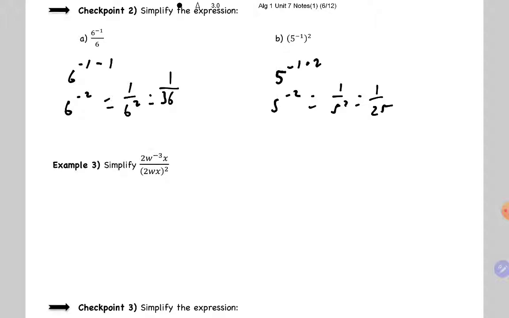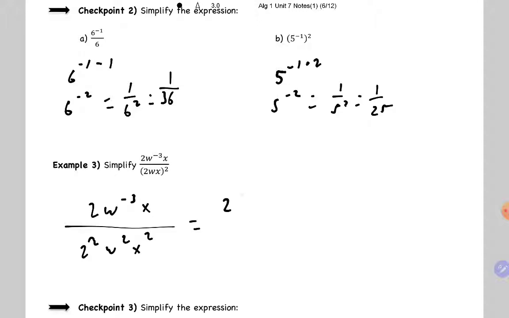Okay, 2w to the negative 3 times x over... I'm going to go ahead and distribute this 2 on the bottom here. So I have 2w to the negative 3 times x on top, and then I have 2 squared w squared x squared. Now we're going to apply all our rules here.